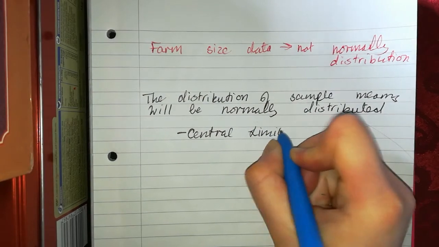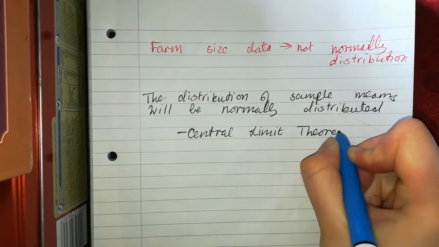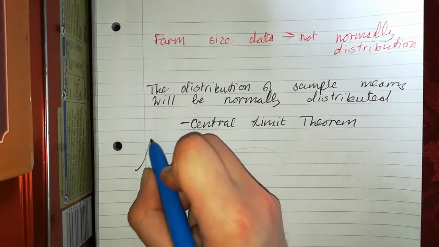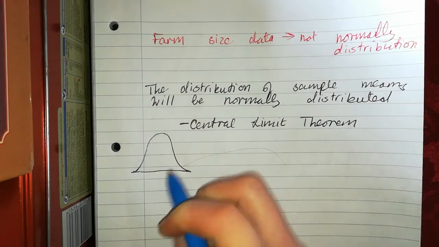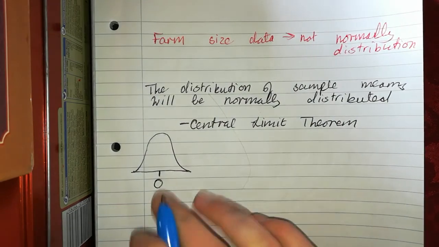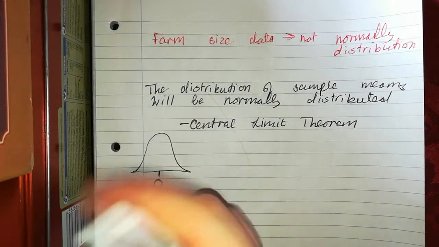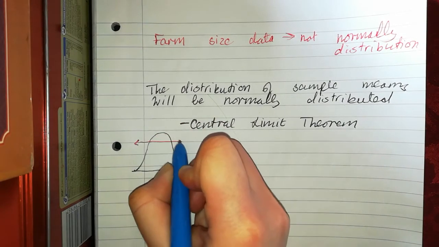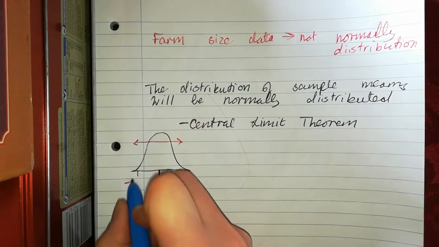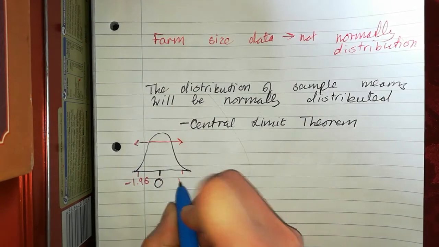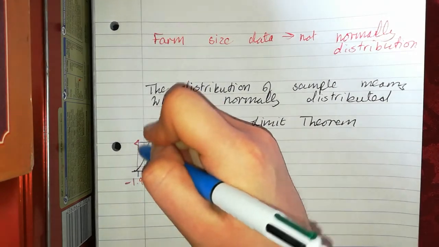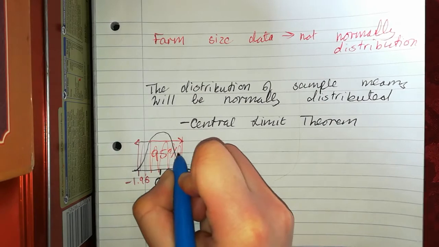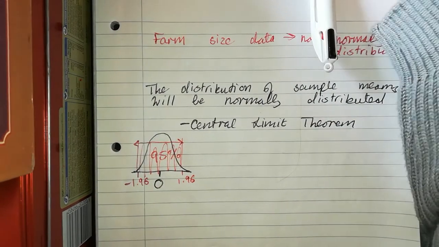We don't have to prove this theorem, but we just have to know that the distribution of sample means will always be normally distributed. So say we have our mean here, it will follow that between minus 1.96 and 1.96 will contain 95% of all data. So that just means that it'll follow a normal distribution.